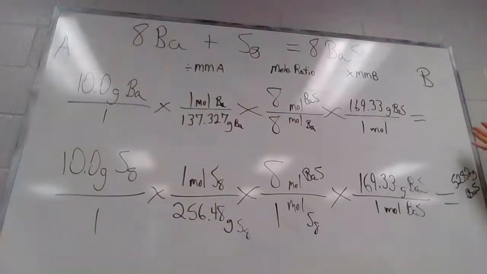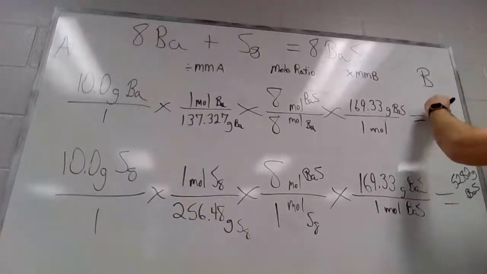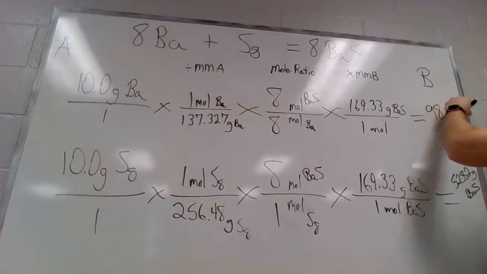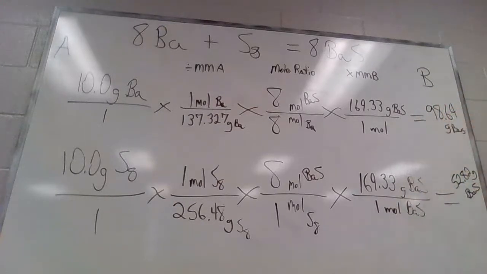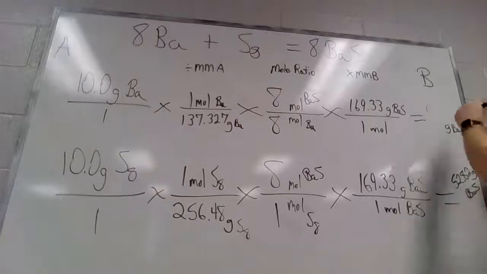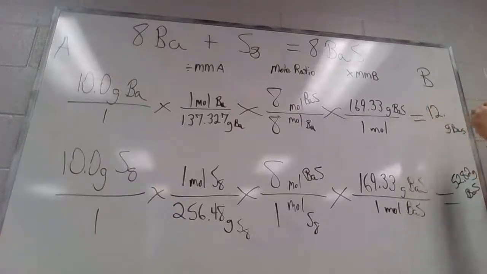Well, let's get them first, and then we'll discuss it. So what's the top one? What do you got? 98.64. I got 12. Yeah, but there's no way that's right. You got 12 for the top one? All right, so we got 12. 12 point what? 12.33.